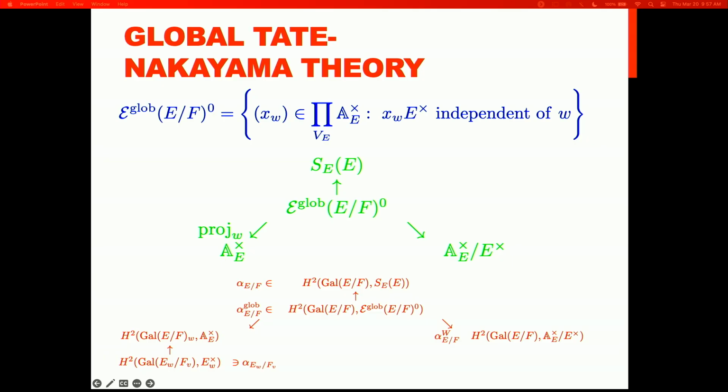And what Tate and Nakayama proved was there's a unique class in the Galois cohomology of this funny E-globe group that maps both to the global canonical class and the images of all the local canonical classes. And once we have this class, you can project it to the cohomology of S_E, if you like.